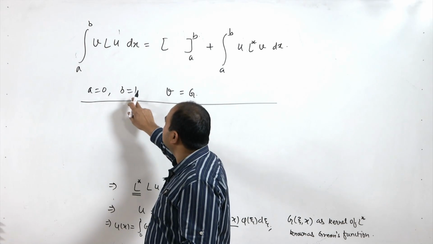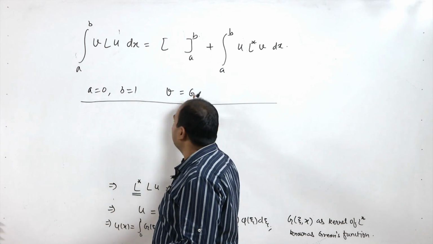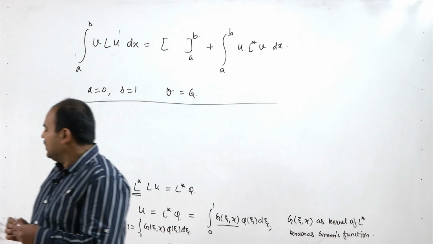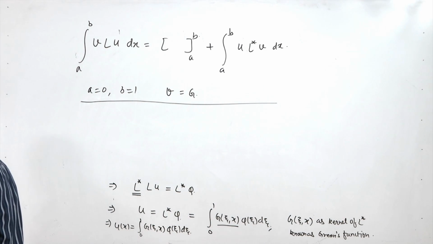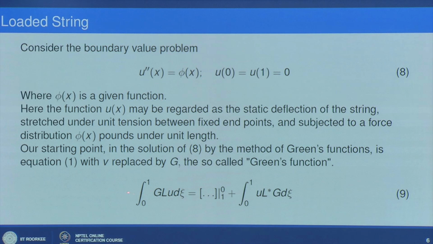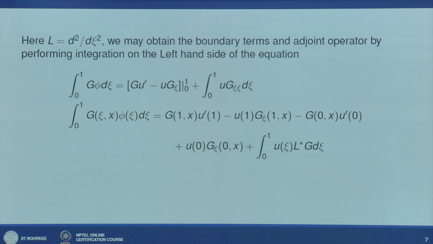We just replace our v by Green's function g and try to solve this. So here we have the integral from 0 to 1 of g Lu d xi equal to the boundary term between 0 to 1 plus the integral from 0 to 1 of u L star g d xi. For this particular problem we have L as d squared by d xi squared, and if you simplify this, what you will get here.